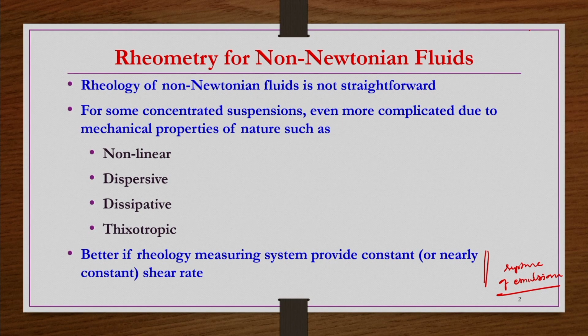So, it is obviously better to have a rheology measuring system that provides constant or nearly constant shear rate. Constant is not possible, but nearly constant shear rate is possible, using narrow gap shearing geometries such as coaxial cylindrical geometry, cone and plate geometry, etc.